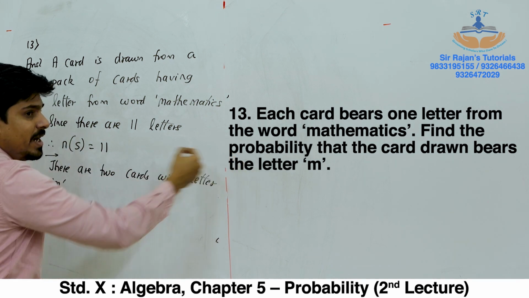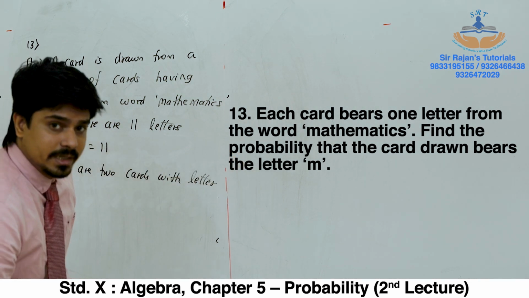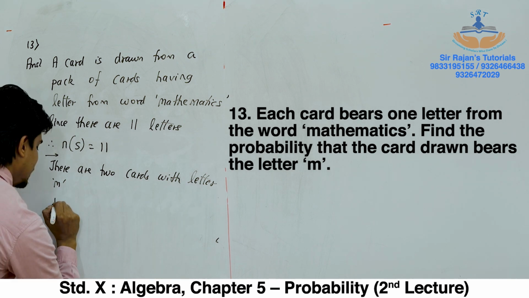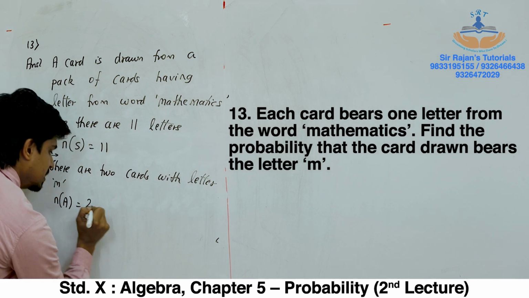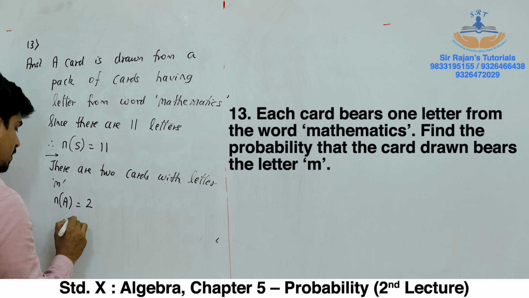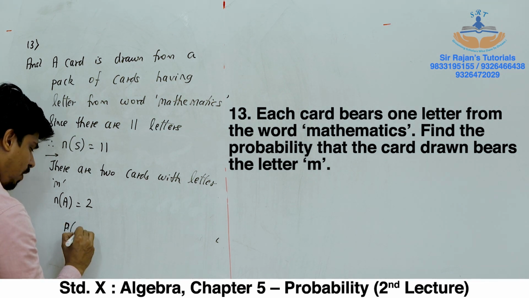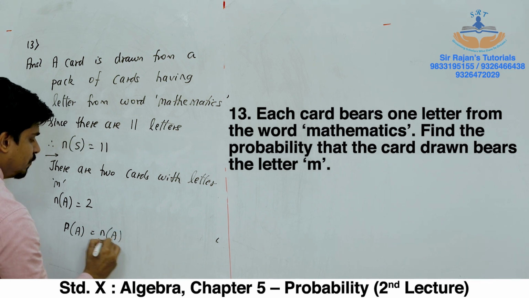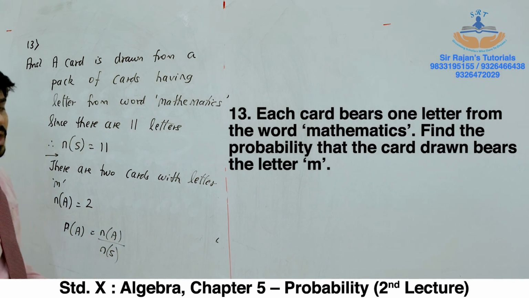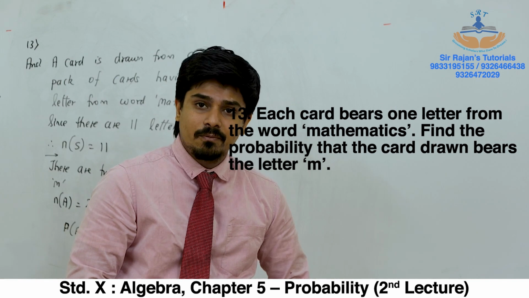Let A be the event that the card bears a letter M. Then you will say N of A is equal to 2. Now you write your probability formula. So P of A will be N of A upon N of S. So your answer will be 2 upon 11.